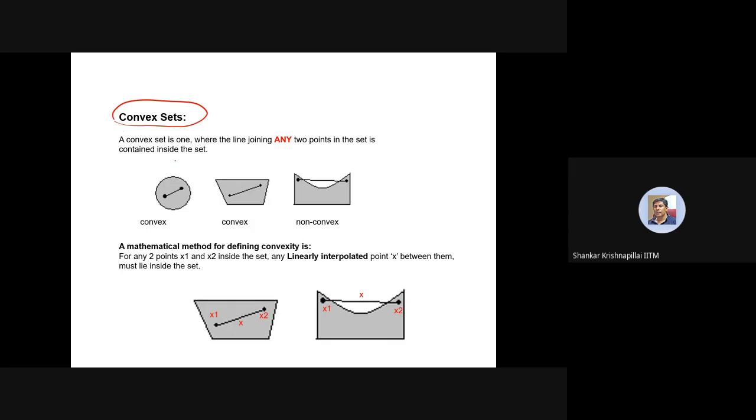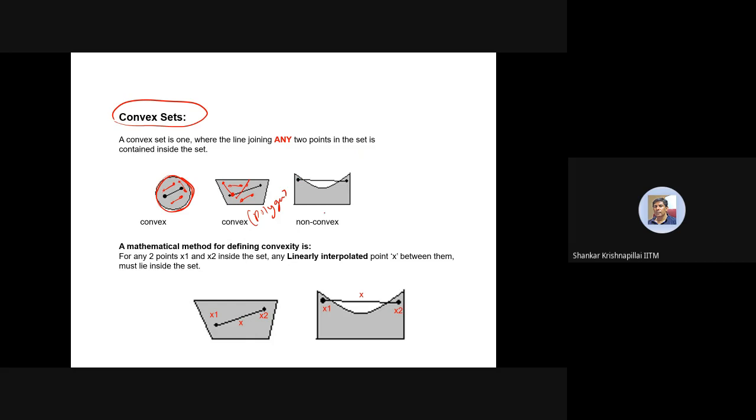A convex set is one where the line joining any 2 points in the set is contained inside the set. You can see one convex set: this is a circle. If you draw any line here, it will be exactly contained inside the set. Another convex set is a polygon. If you take any 2 points here and draw a straight line between them, it will be contained within the set.